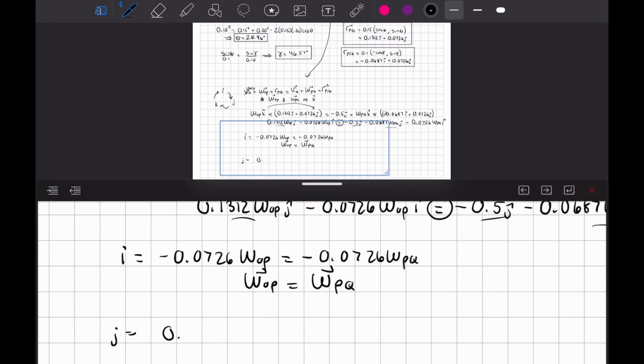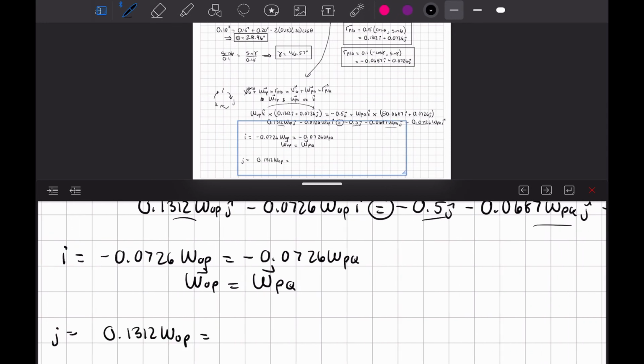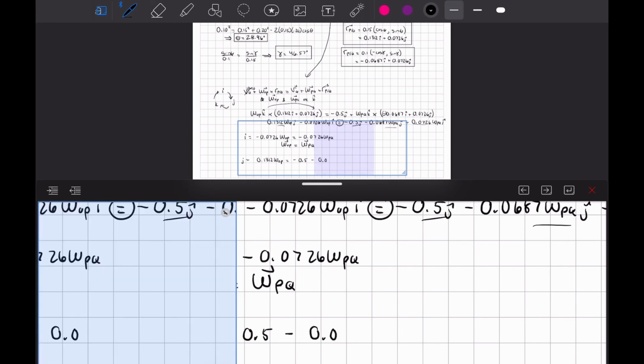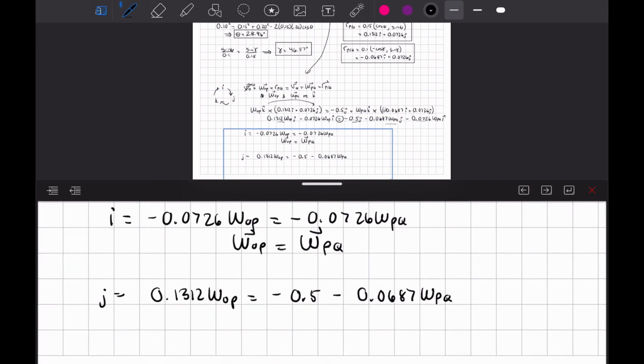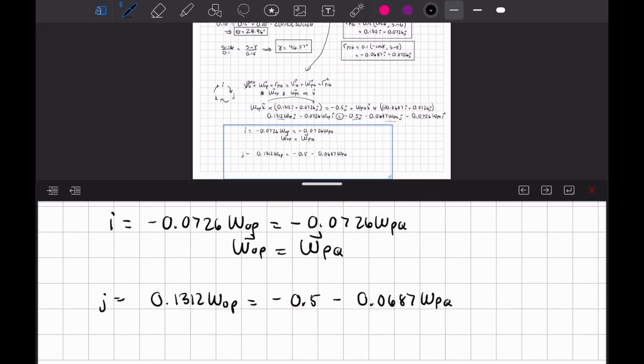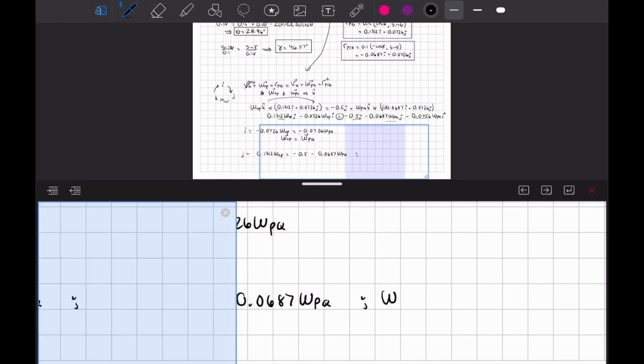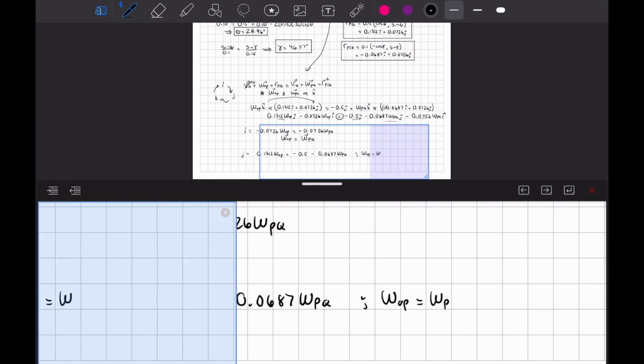So we're going to have 0.1312 omega OP is going to be equal to negative 0.5 minus 0.0687 omega PQ. Now we know that omega OP is equal to omega PQ from above.